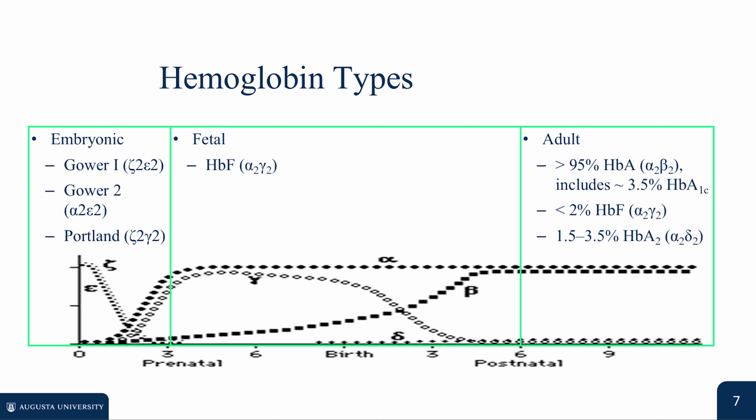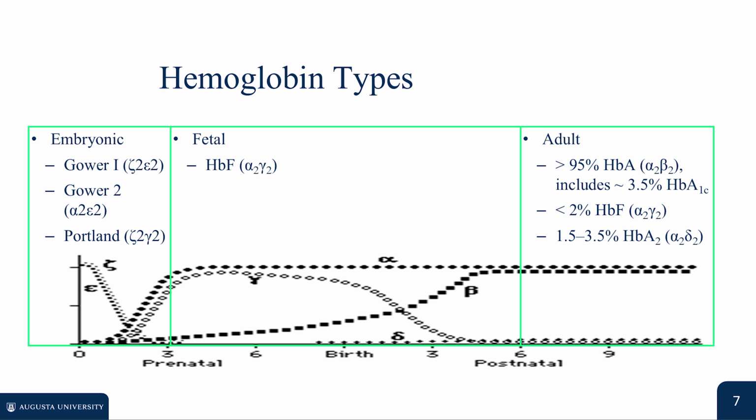By 6 months of age, healthy individuals establish their permanent adult hemoglobin distribution: greater than 95% hemoglobin A, composed of 2 alpha and 2 beta chains, roughly 1.5 to 3.5% hemoglobin A2, composed of 2 alpha and 2 delta chains, and less than 2% remaining hemoglobin F.